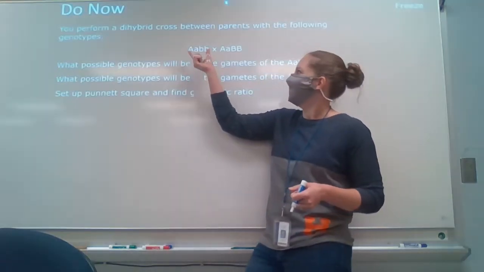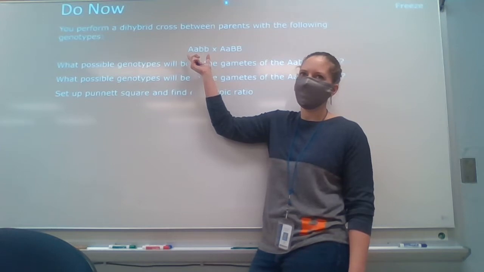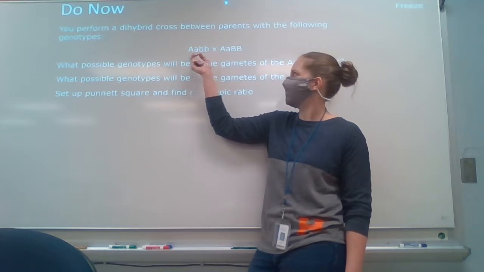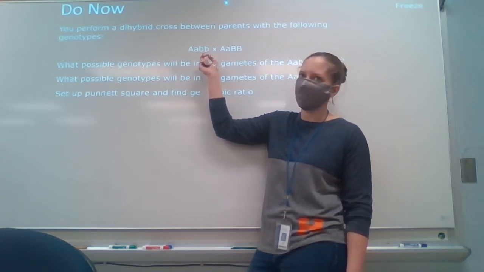So this is dealing now with not just one gene, but two genes. We talked a little bit about the law of independent assortment yesterday, and the point of that is that because of independent assortment, we can get any of this allele and any of these alleles in the same gamete, right?